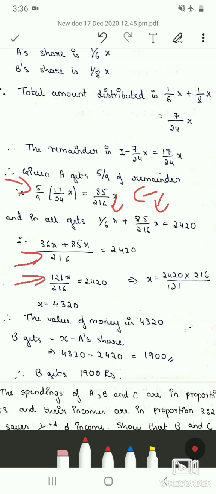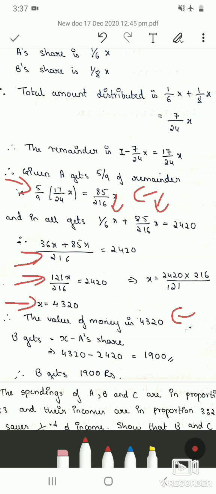When you simplify, you will get 121x divided by 216. Calculate for x. Therefore x is equal to 4320, which is nothing but the value of the money.